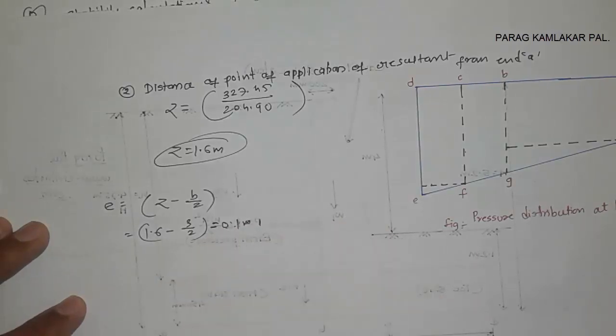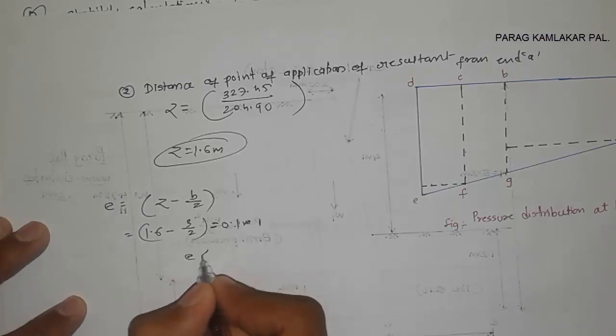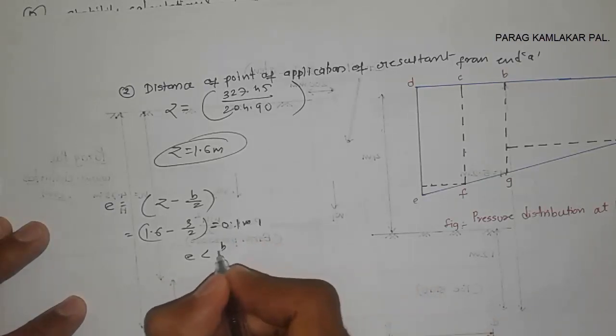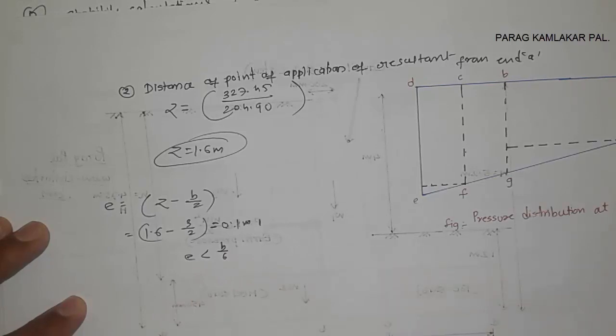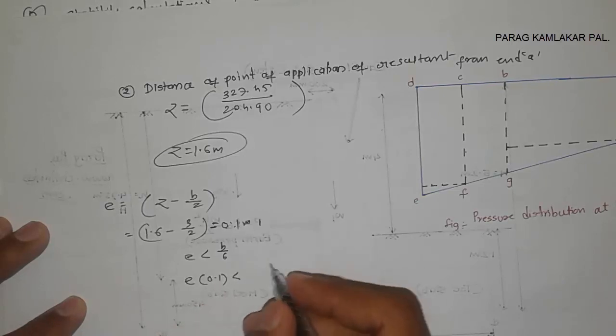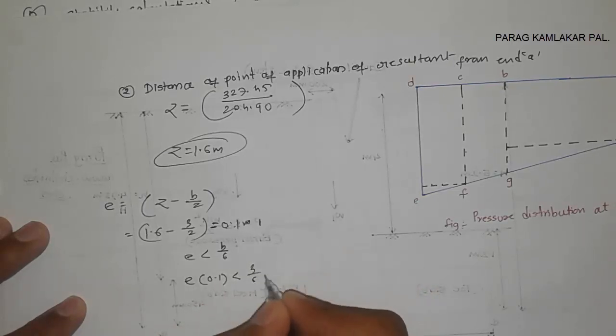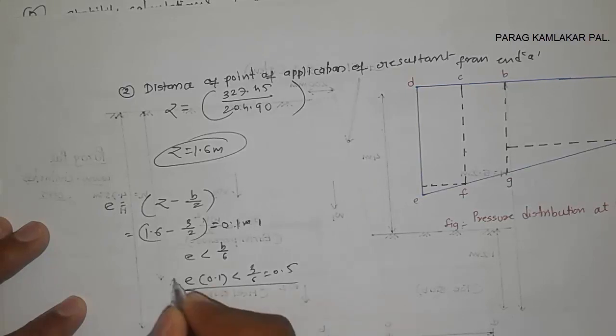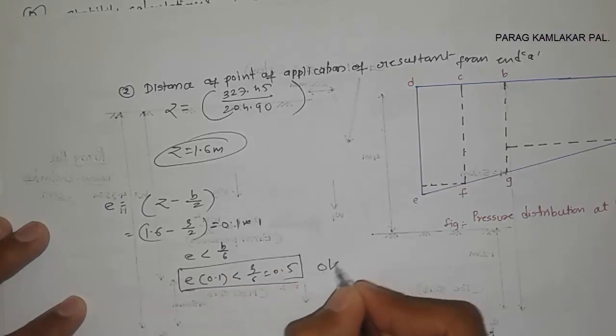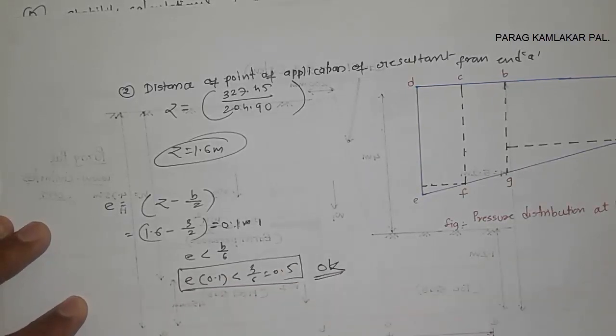The eccentricity should always be less than B by 6, as a check. The eccentricity is 0.1, and B by 6 is 3 by 6, which is 0.5. So the check is okay, and we can proceed with the calculation.